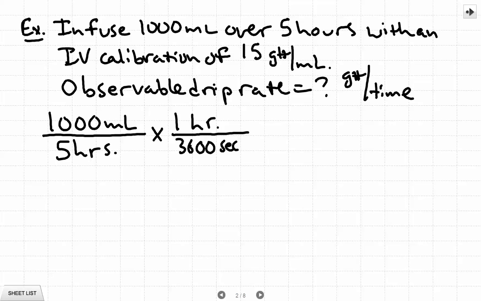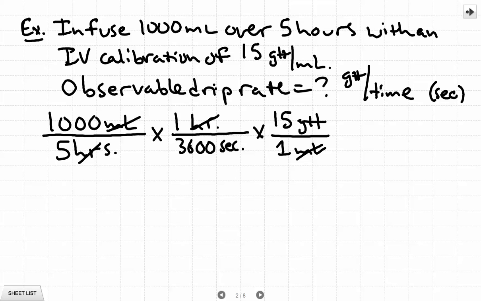So 1 hour is 3,600 seconds. So that causes us to remove the hours. Now we're in milliliters per second, but we want to be in drops per second. Right? So for the drops per unit of time, we're going to start with just 1 second. So the last thing we're going to do is multiply by the 15 drops per 1 milliliter IV calibration rate. So now all the units of measurement have gone except for drops over seconds.